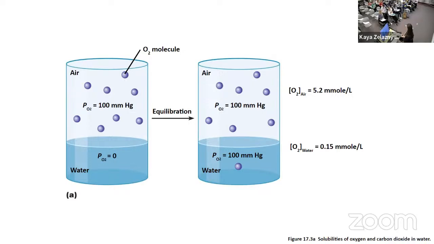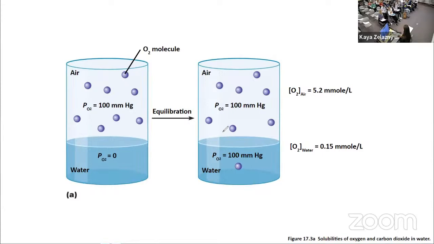Okay. The bit about solubility is that if we compare oxygen to carbon dioxide, right, our partial pressure of oxygen in the air, the 100, and the partial pressure of oxygen in the water at 100 looks like this.